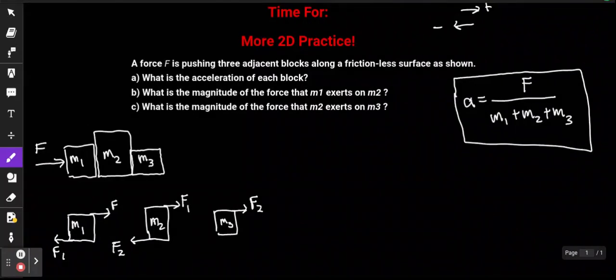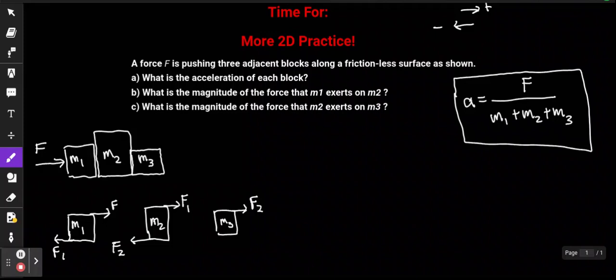Okay, part C is asking what is the magnitude of the force that M2 exerts on M3? So we can either use the force net equation that's acting on the second block, which is mass 2, or we can use the F net equation that's acting on the third block, M3. I would use the forces acting on M3 because there is only one force.